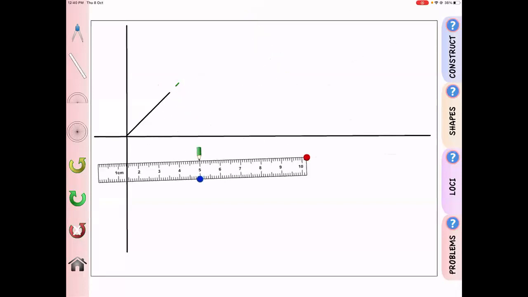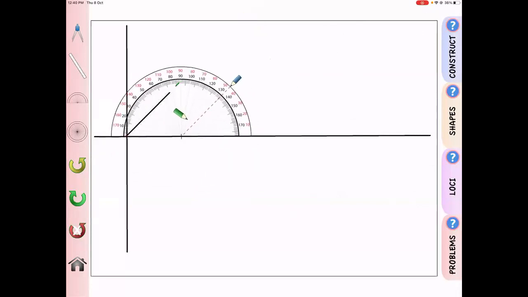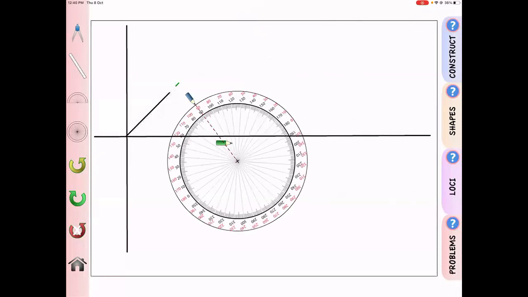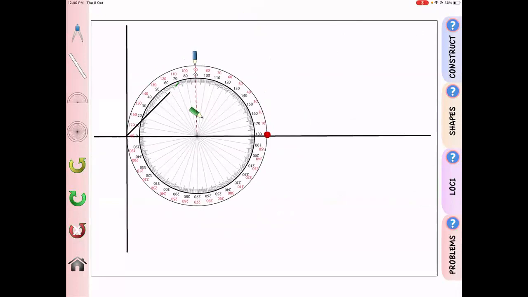Let me put the second. I'm putting 20 degrees from the x-axis, or let's say 10 degrees.